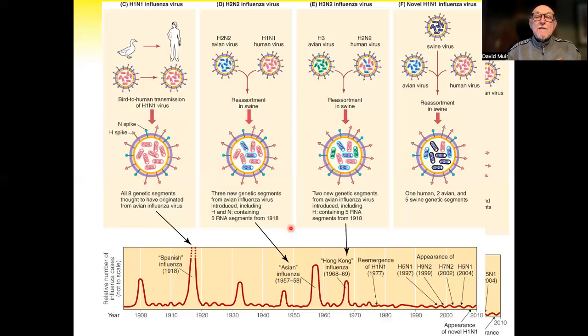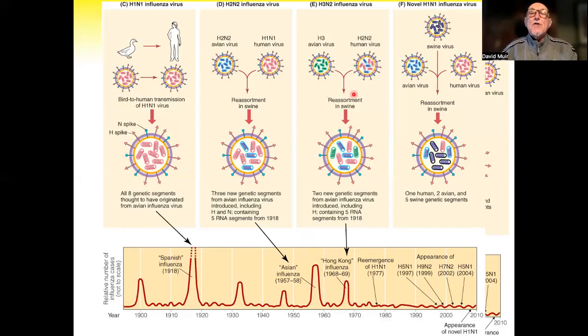And here it is here, and it caused the Asian flu, another major epidemic here. This was in the late 1950s. So there was another one called the Hong Kong flu, only named the Hong Kong flu because that was where it was first recognized, but it had actually arisen in China.